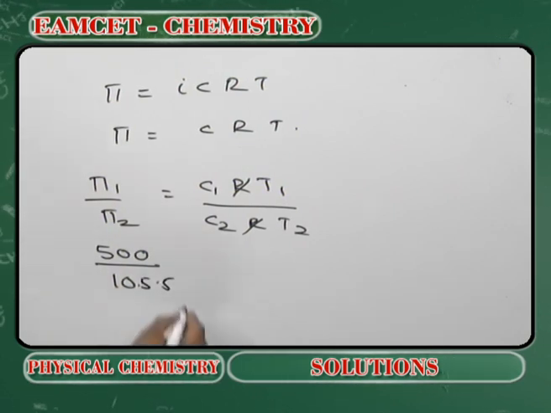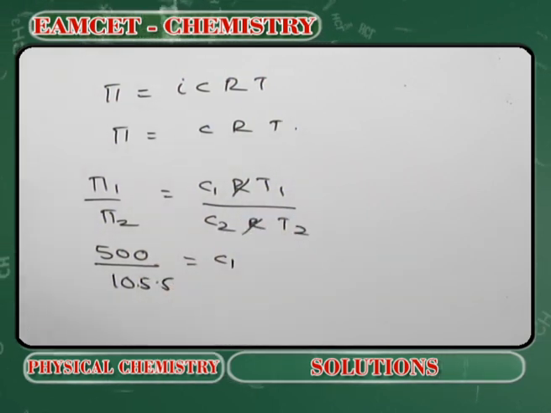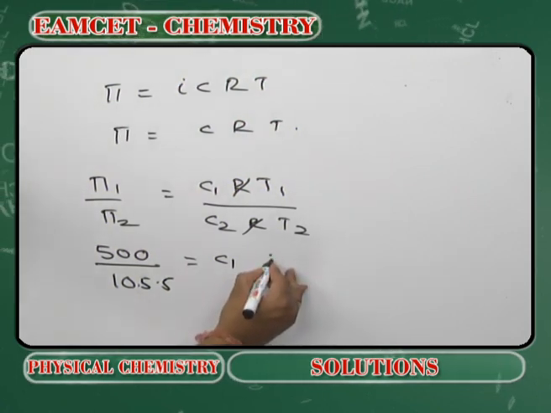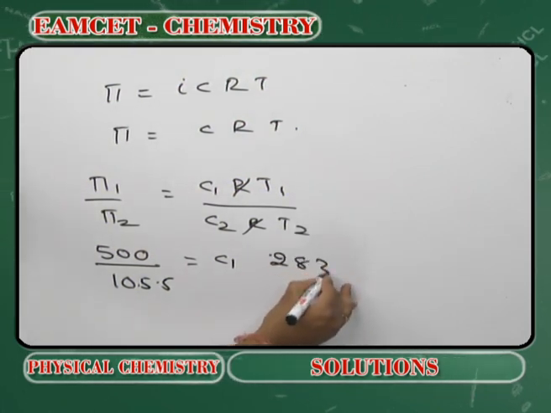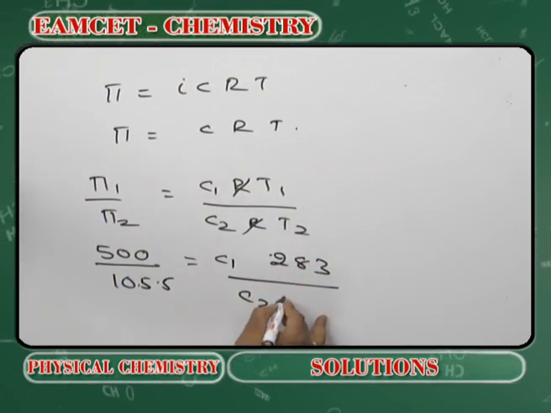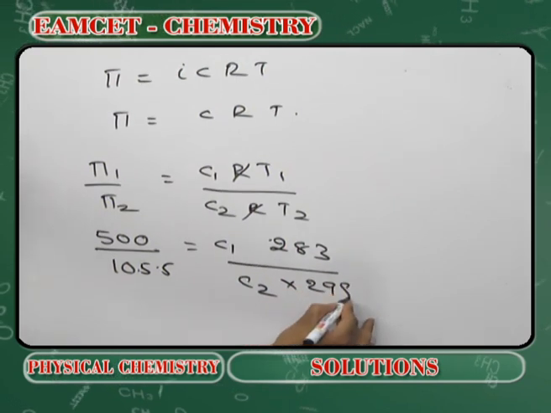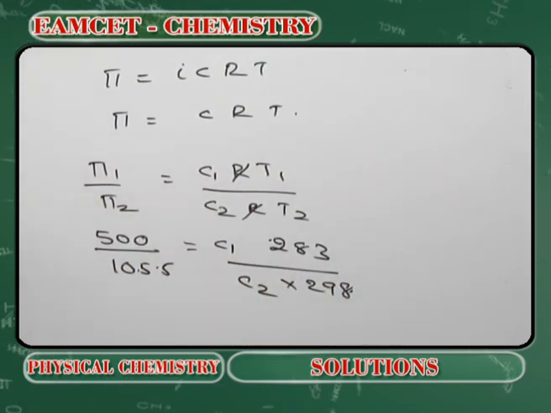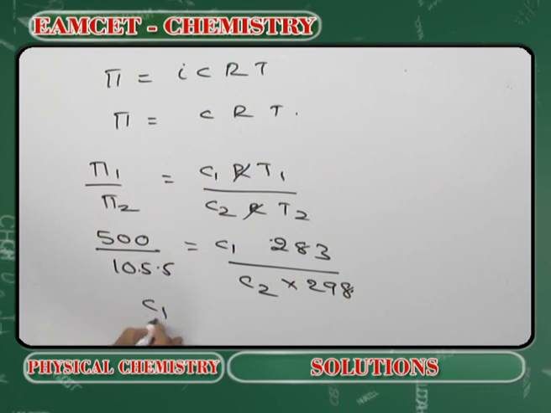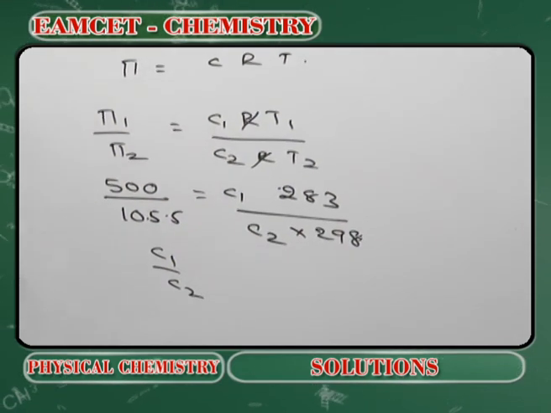What is T1? 283. What is T2? 298. By making the calculations, the ratio of C1 to C2 will be 5.